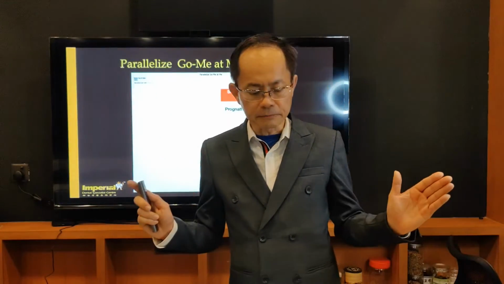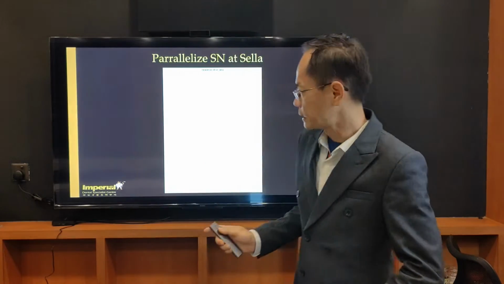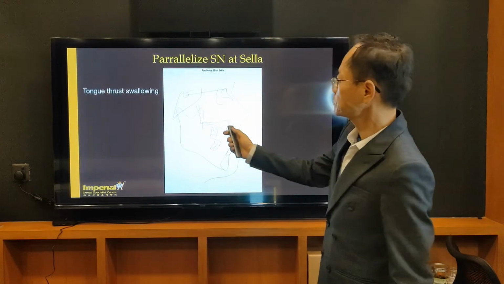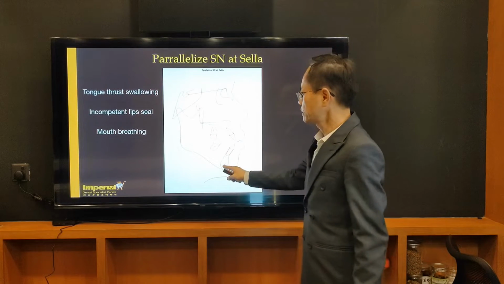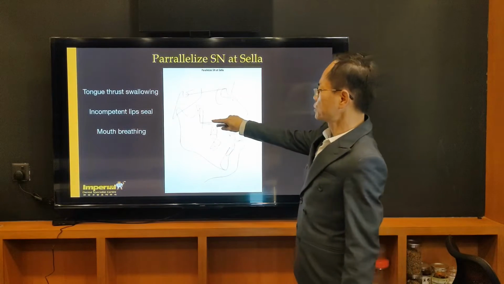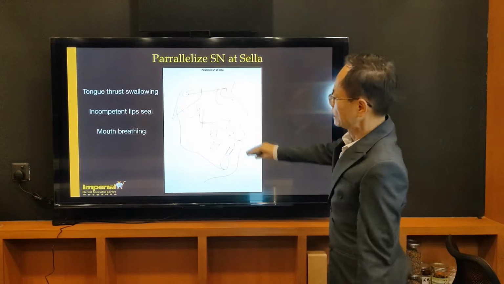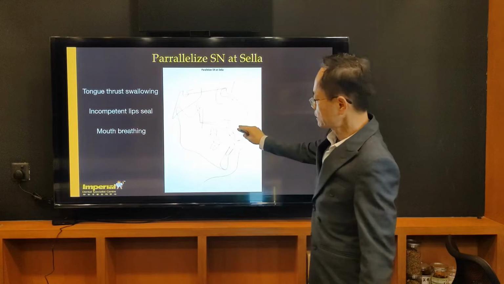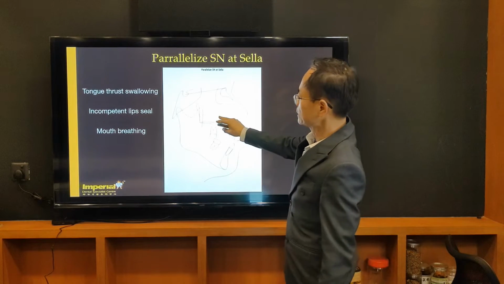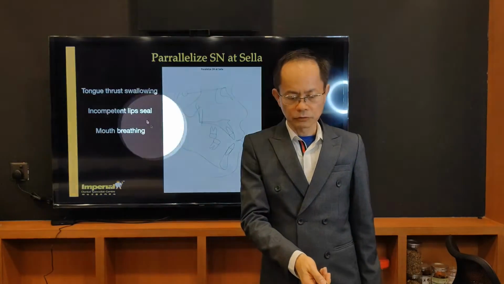In summary, the problem of this patient's anterior open bite is due to, first, teeth protrusion. Second, the upper jaw is normal, but the lower jaw is protruding. Third is a growth rotation, where the jaw rotates downwards. Fourth is a long face. And the fifth factor is tongue thrusting swallowing.